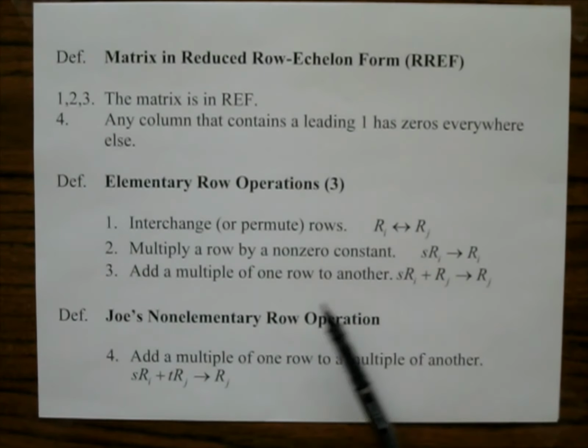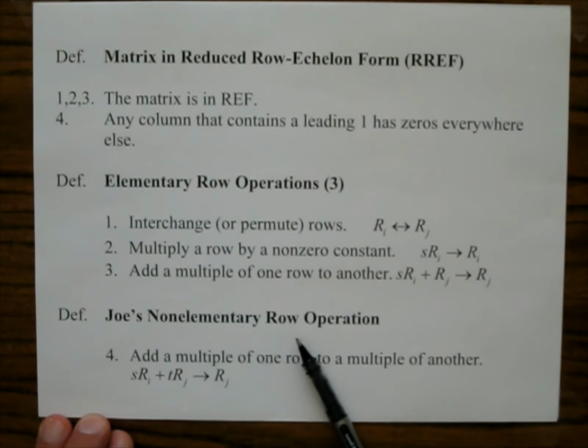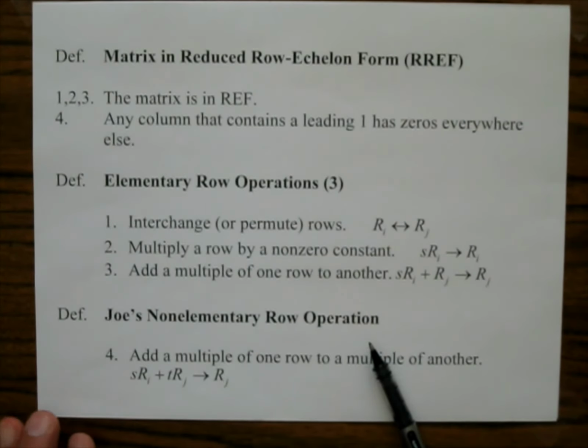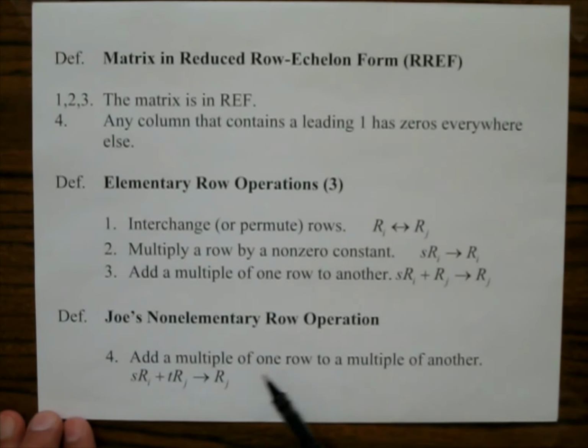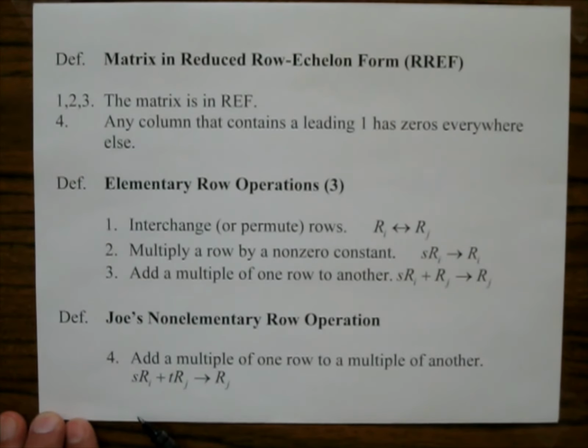And then here's the other thing, Joe's non-elementary row operation. I will sometimes use this to make things simpler, so I don't have to work with lots of fractions within my matrix. This is where we add a multiple of one row to a multiple of another, and then we replace one of those rows with the result.